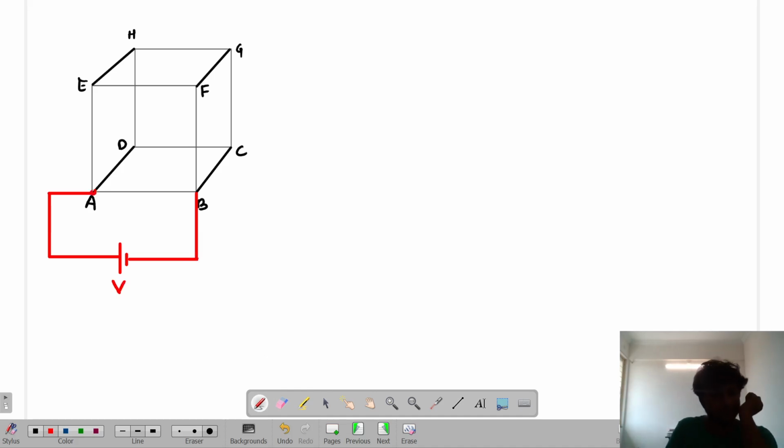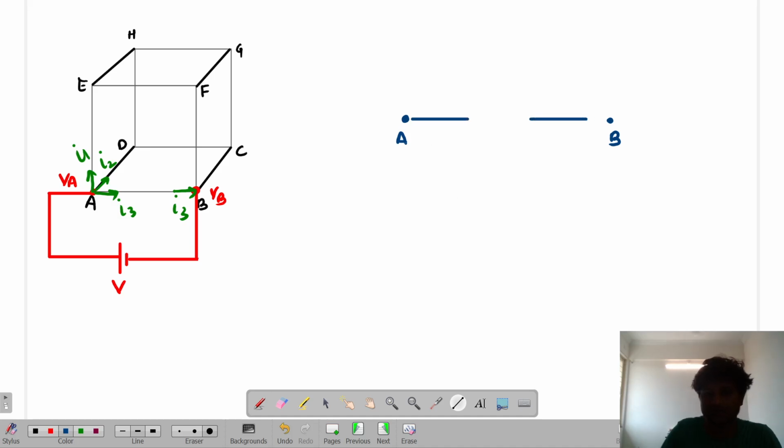So this is V of A, V of B. Once again current division, I1, I2, I3, isn't it? Ending up, should end up like this way. I3 is same, isn't it? So one thing is very good, that A to B, one resistor is common. Because I3 is directly ending up. So A to B, one resistor we got.